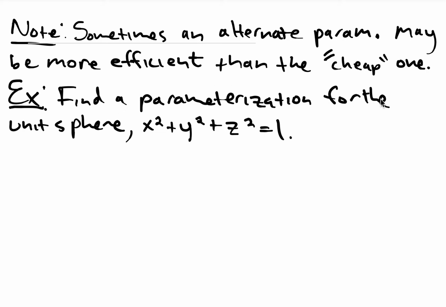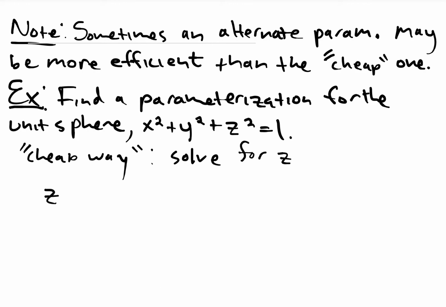Let's say that I want a parameterization for the unit sphere. Now, if I try to do this the cheap way, the cheap parameterization calls for this to be written in an explicit form first, so I'm going to go ahead and solve for z.